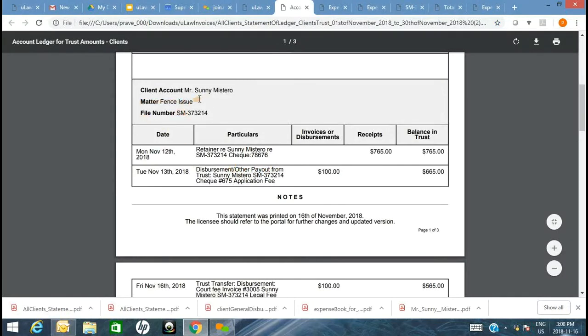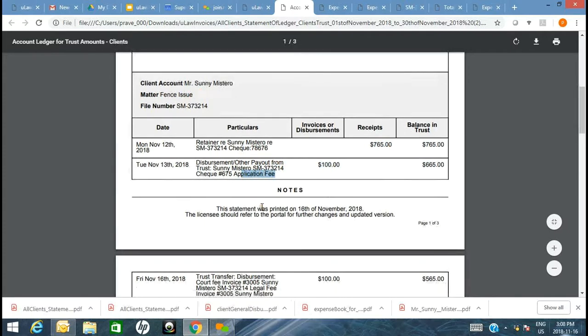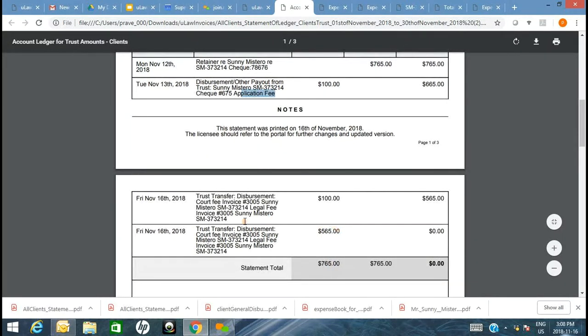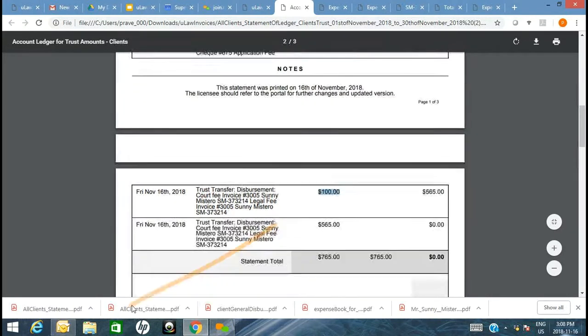So if I were to look at my trust ledger for Sunny, $765 came in as a retainer. There's $100 of disbursement for the application fee that left. And there was the $565 of the particular legal fee, and there was $100 that was also transferred as part of the trust transfer for the court fee that was incurred. Okay?